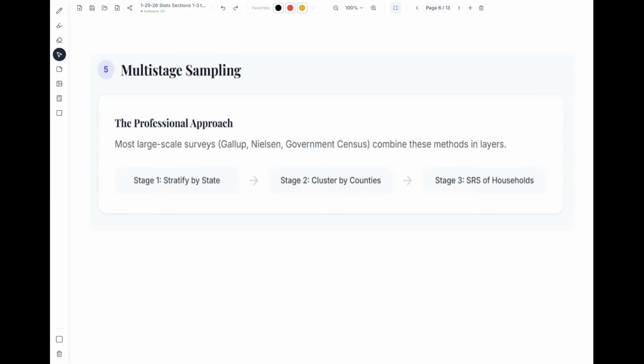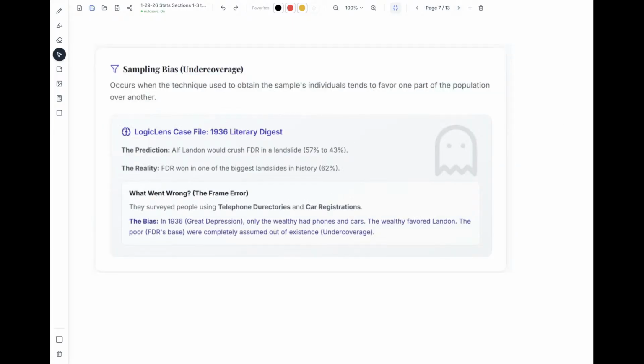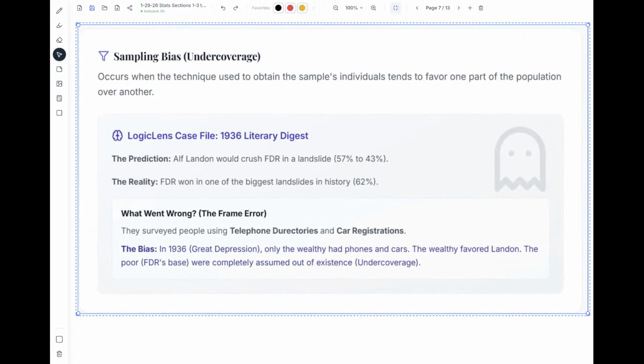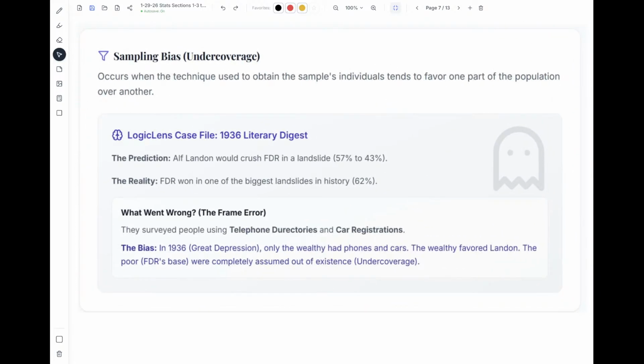Others are not. So here's a good example. One of the biases that they're going to look at is known as sampling bias. This is kind of what I was talking about, where you guys don't answer your phone. So this was from 1936. FDR won his first term.